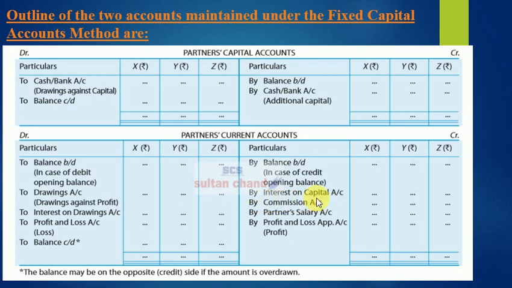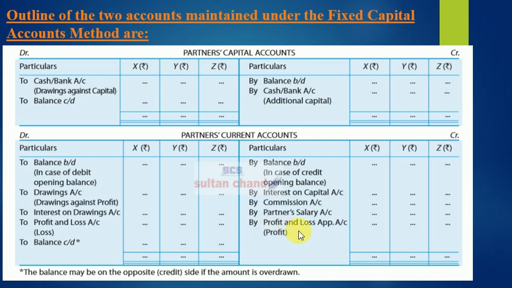We have the entry for commission: debit to partner's capital account. So commission comes here on the credit side. We had the entry salary account debit to partner's capital account. So salary comes on the credit side. And if you remember, when we balanced the appropriation account, there was net divisible profit in the last two questions we have done.